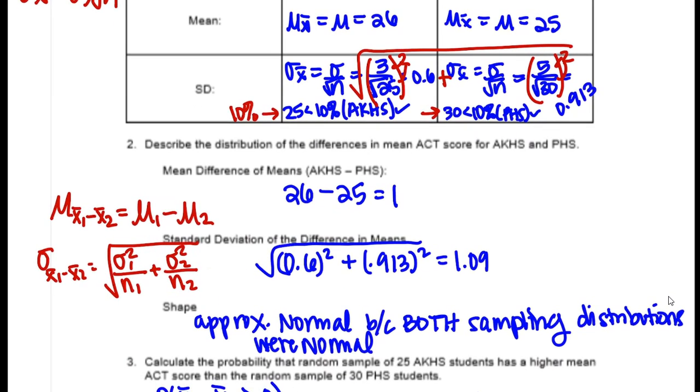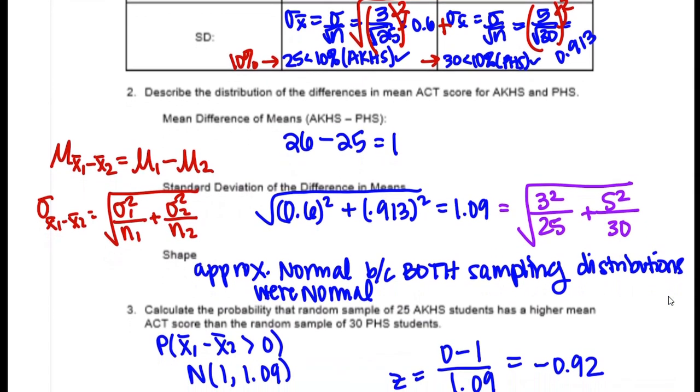Instead of doing it all separately, we could have just gotten 1.09 by doing, I'll show you in purple, the square root of 3 squared over 25 plus 5 squared over 30. That's an easier way to get the answer in the future.